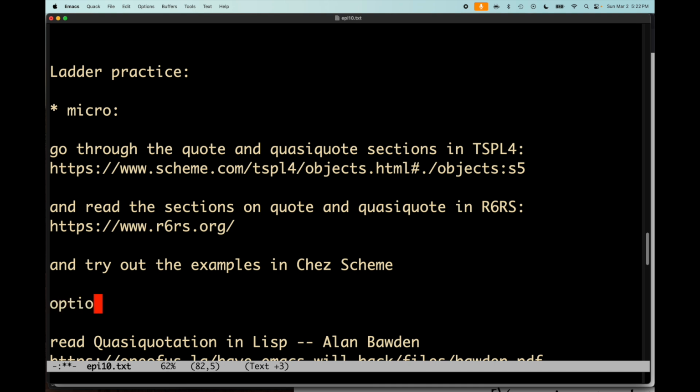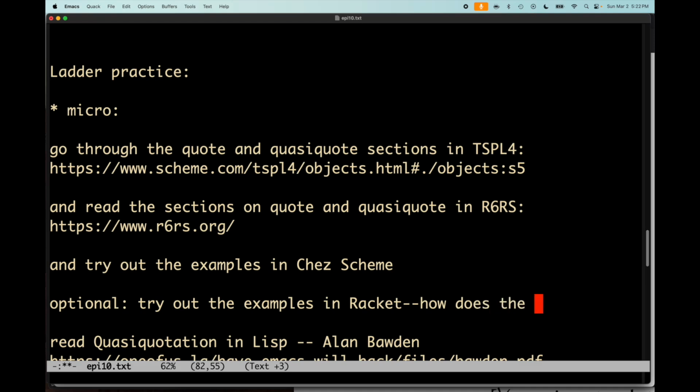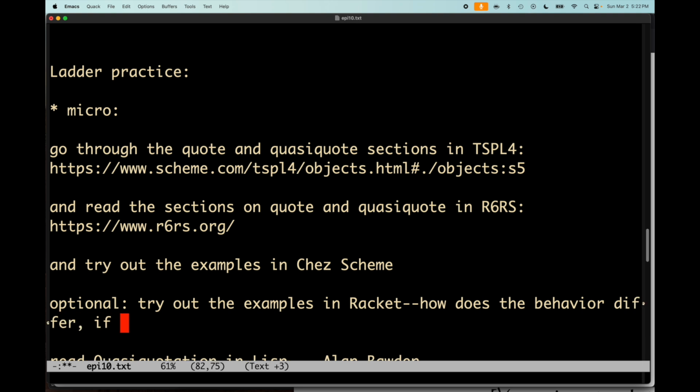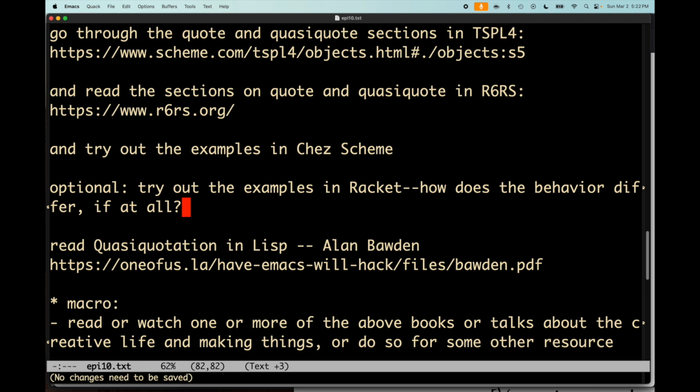And then optional, try out the examples in Racket. How does the behavior differ, if at all? And like I said, there is a way. I know that you can do it with the parameters or whatever in Racket.